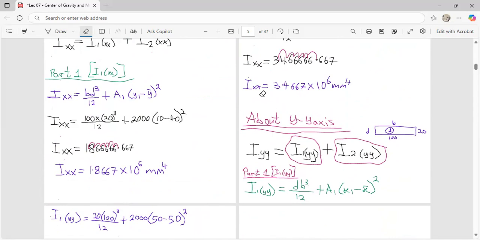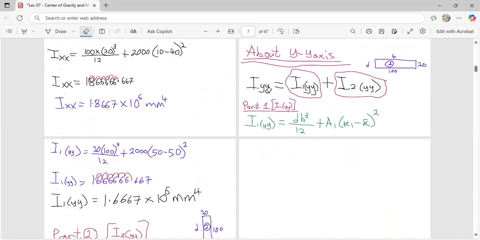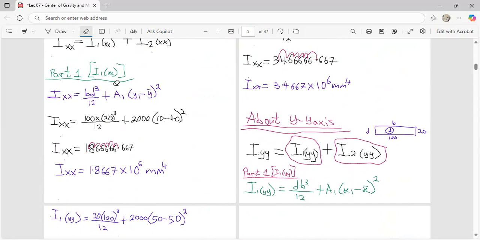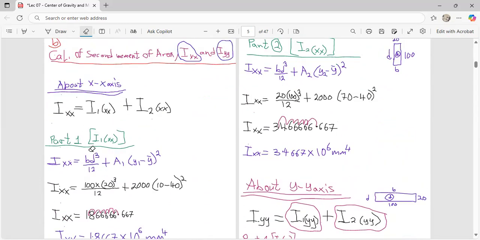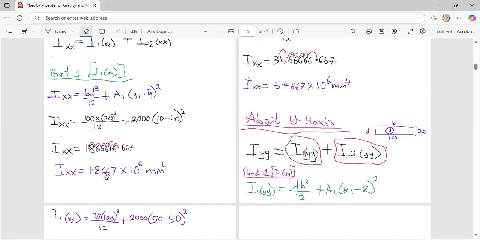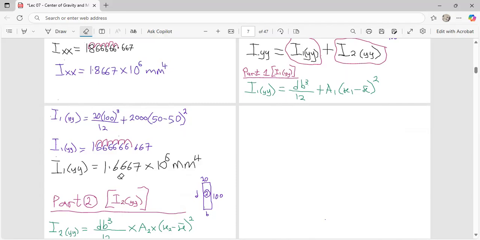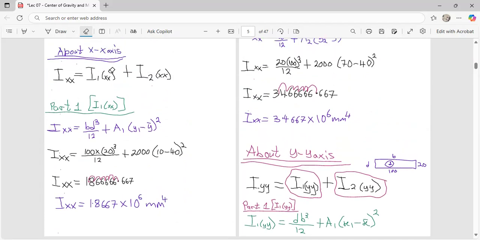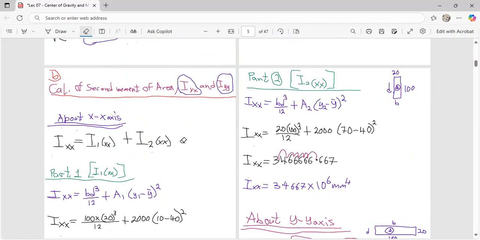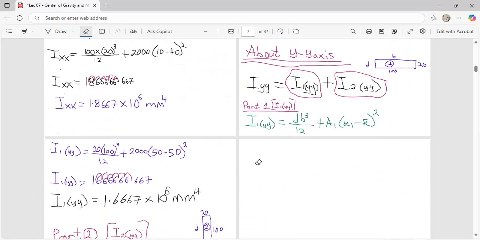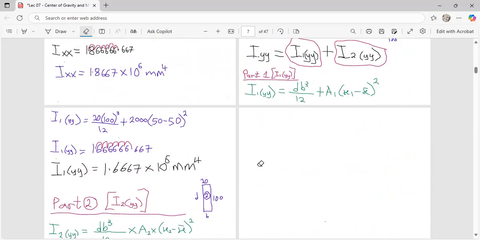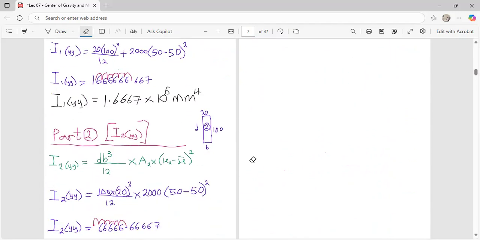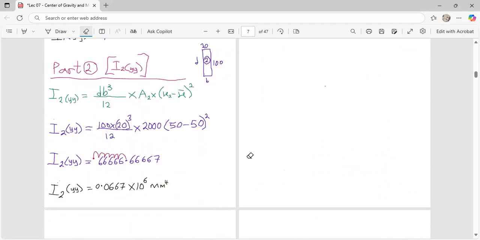As we did for the first one, we have to do the same thing for the second one. So the part 1, we had 1.86667. Of the part 2 too, we had this answer. At the end of the day, we are supposed to add it as the formula is saying over here. But you realize that we didn't do it. So let's just come and do it in our final stage over here, and then we can just wrap up.